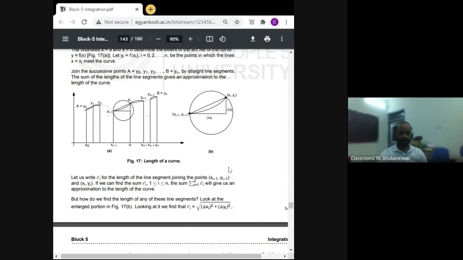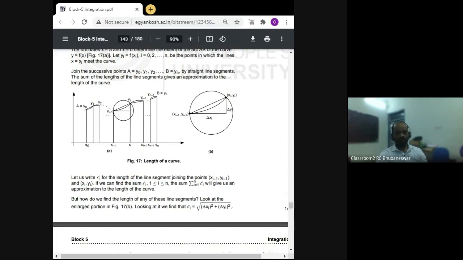If we look closely at that particular figure, look at the circle. Inside that circle we have a triangle, and inside the triangle we have an arc from the point xi minus 1, yi minus 1 to xi, yi.